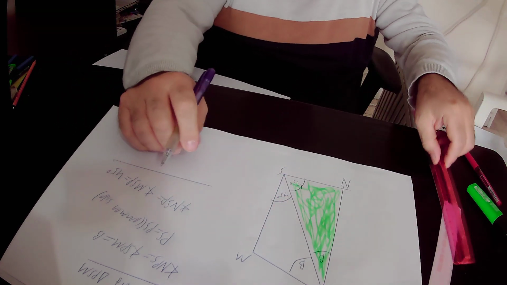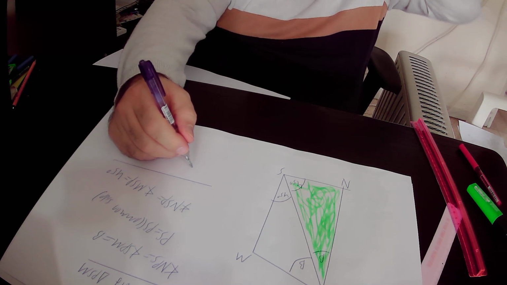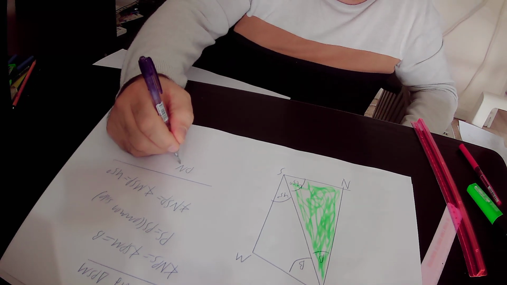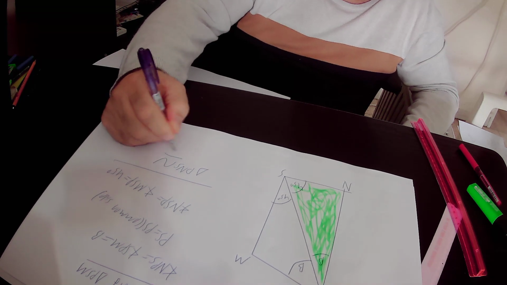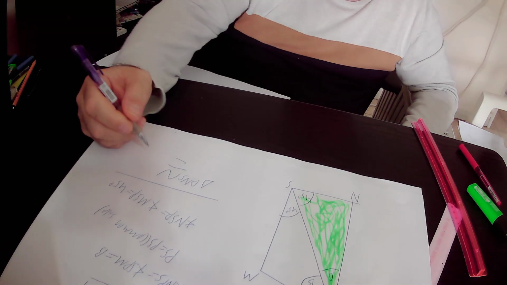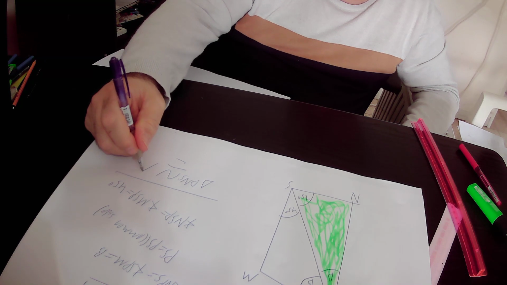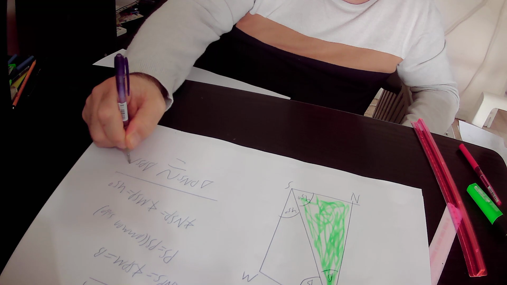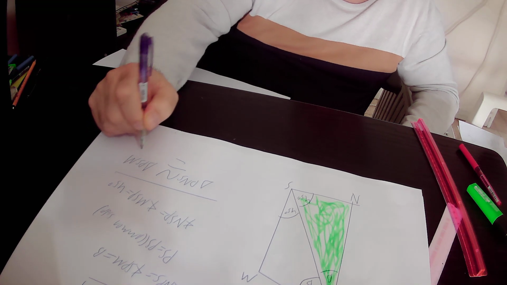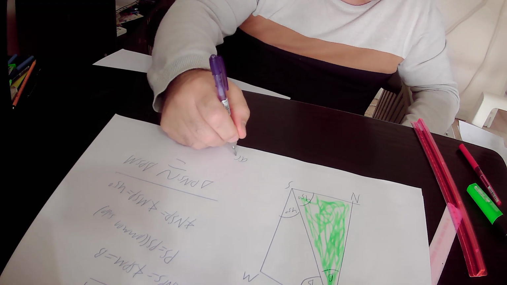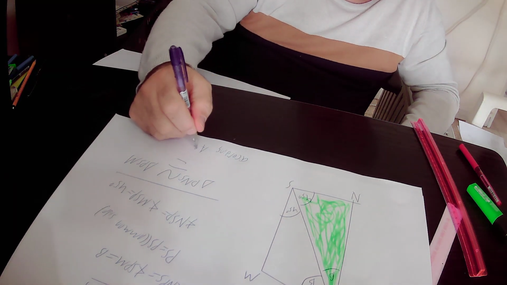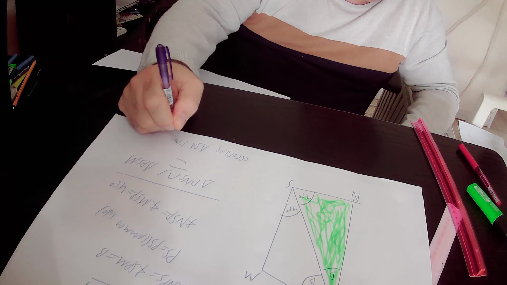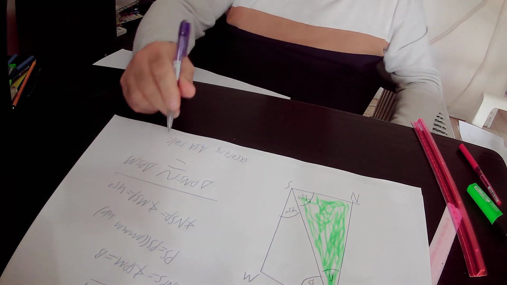So we actually proved that the green triangle, triangle PNS, is congruent, this is the sign of congruent, to the white triangle, triangle PSM. And they are congruent to each other according to the angle side angle rule. I'll repeat again.